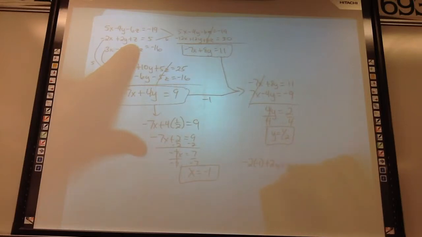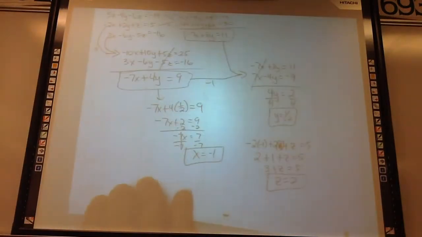Plus 2 times a half equals 5. So negative 2 times negative 1 is positive 2. 2 times a half is 1 plus z equals 5. So that's 3 plus z equals 5. So z equals 2. And there it is. We got our 3 answers: negative 1, a half, and 2.